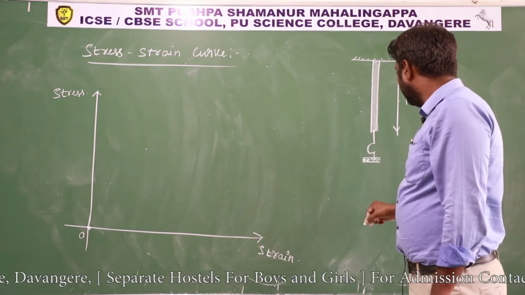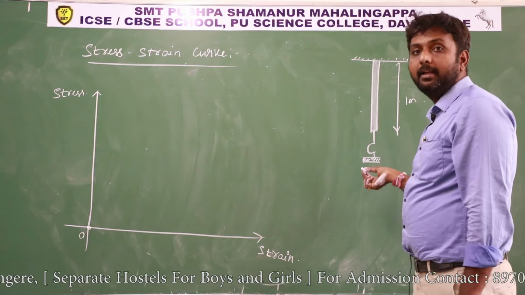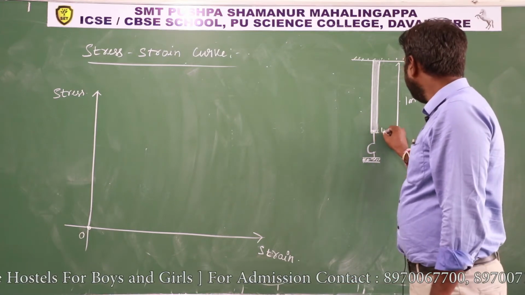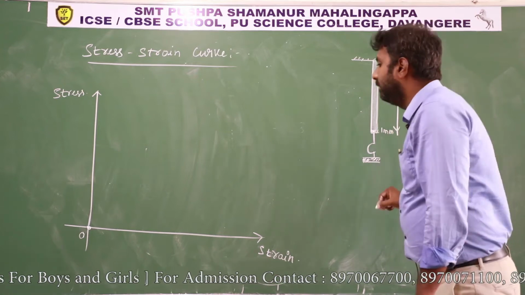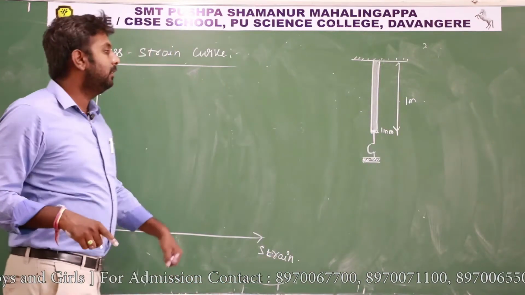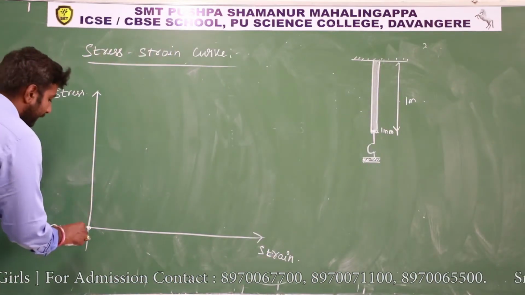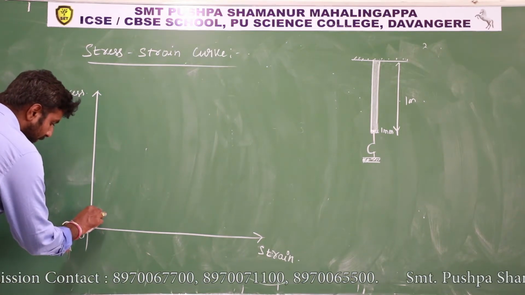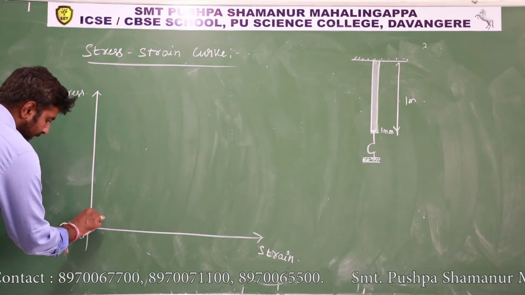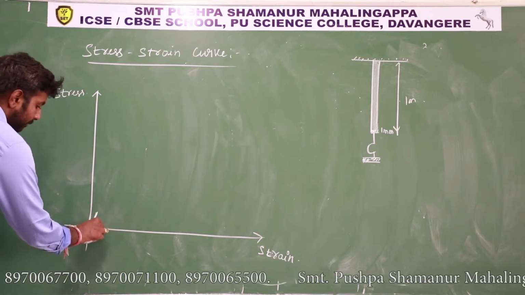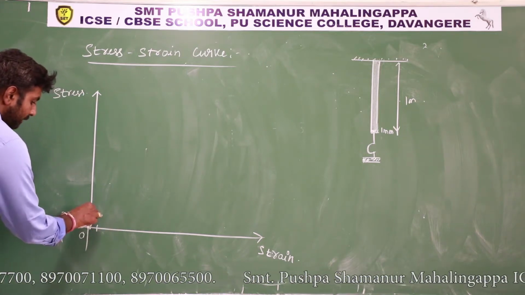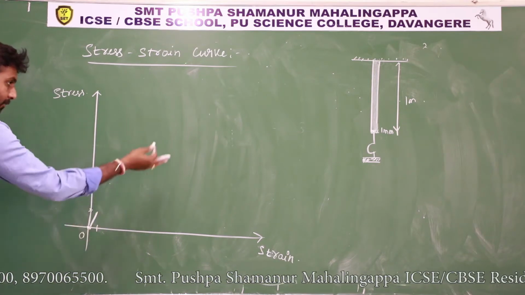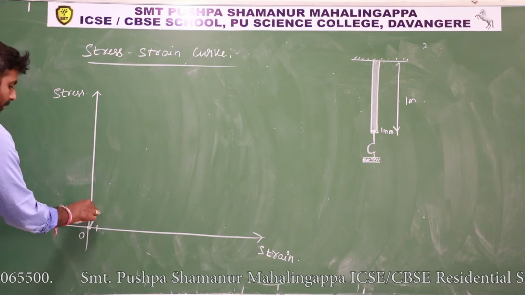Because of this 1 kg block, I will assume that the length increased is 1 millimeter. Okay, and the same reading I will plot here. For the 1 kg block, the length increased is 1 millimeter, and this is the corresponding strain and this is the corresponding stress.